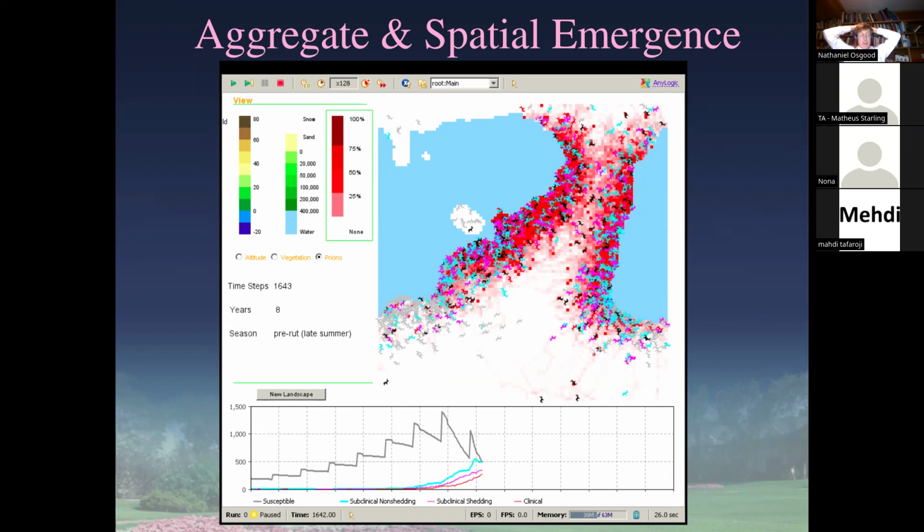But it wasn't until this chronic wasting disease model came out and we could see the visual patterns of where the prions were being deposited that we realized the tremendous impact of heterogeneity, that certain prions were disproportionately deposited at these lacustrine boundaries, these boundaries with the water sources, where deer went frequently to take water and, by extension, defecate and urinate in a way that could put out prions.